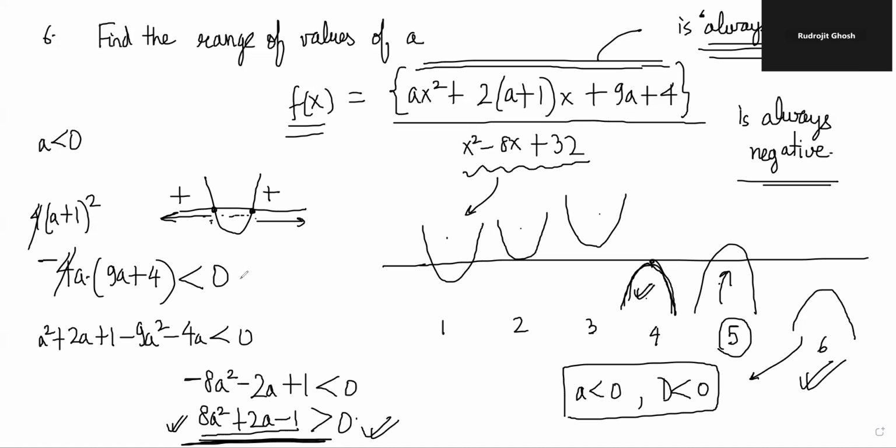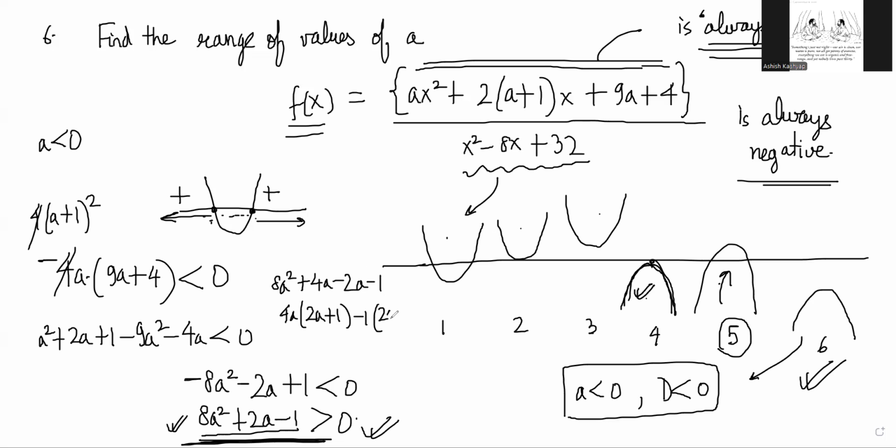In this question, the roots of this are basically simple only. You can factorize it and get it also. 8a square plus 4a minus 2a minus 1. So 4a, 2a plus 1 minus 1, 2a plus 1. So roots are 1 by 4 and minus half. a should be greater than 1 by 4 or a should be less than minus half.